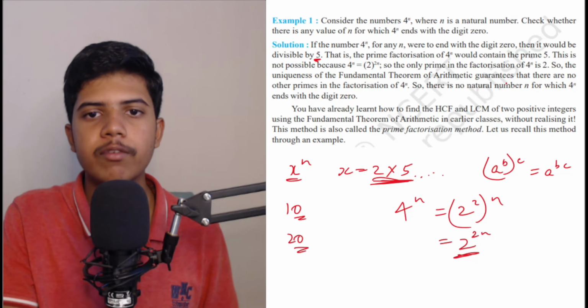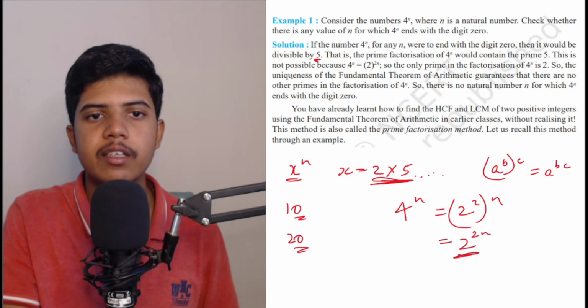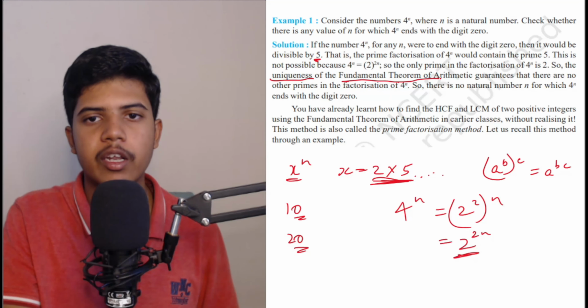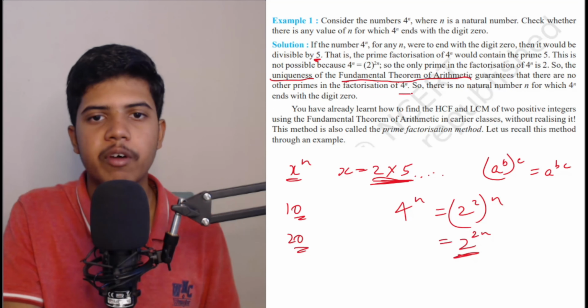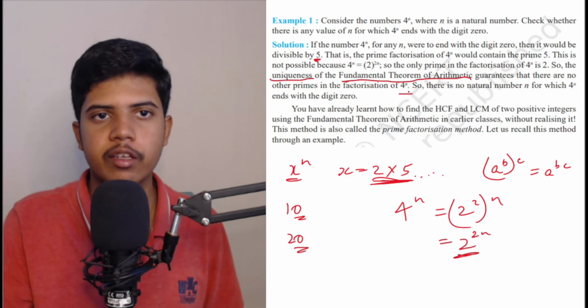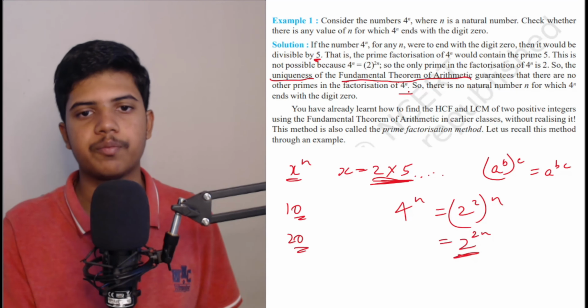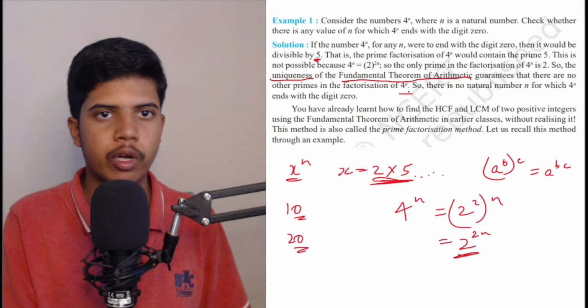See, the uniqueness of the fundamental theorem of arithmetic guarantees that there are no other primes in the factorization of 4 to the power n. The only prime is 2. There can't be any other prime in the factorization. If n is 1, 4 to the power 1 is 4.